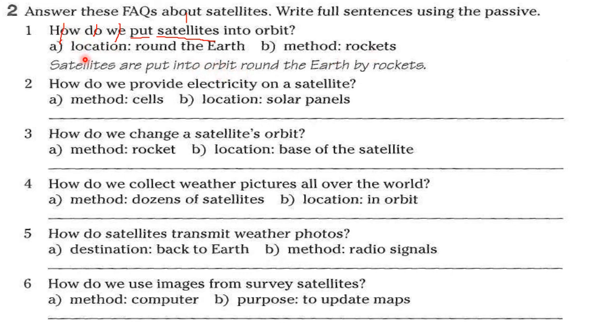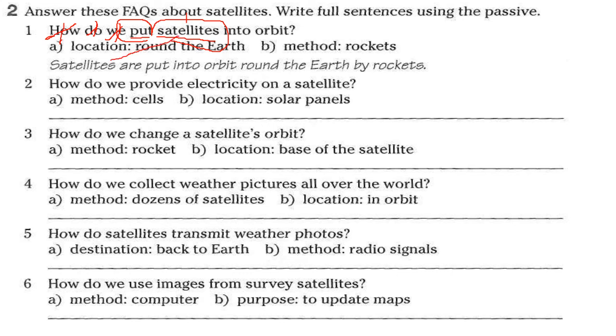Again, how do we put satellites into orbit? I said that there is no need for how do we, I delete it. I start from the verb here, okay, and the object. Now to change into passive, I put the object in the beginning.